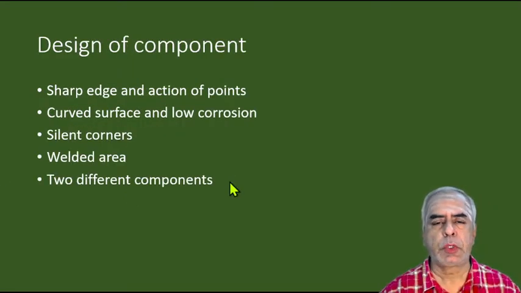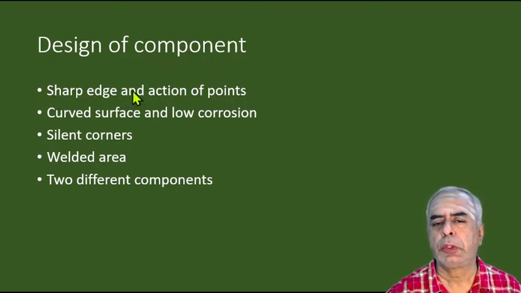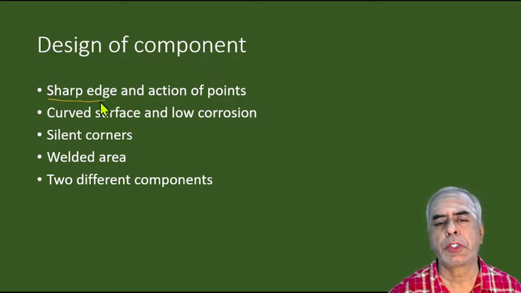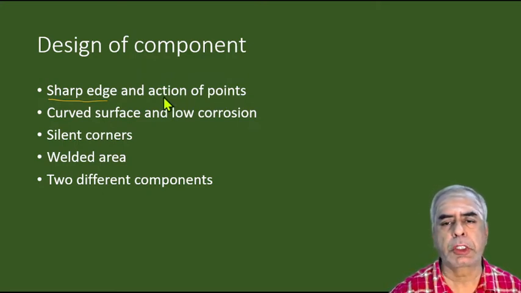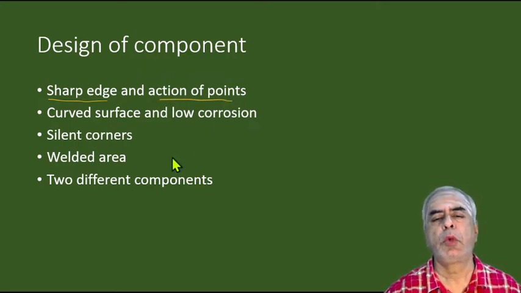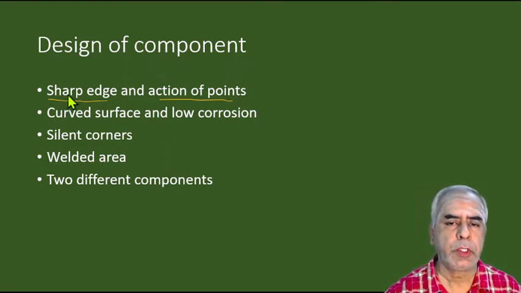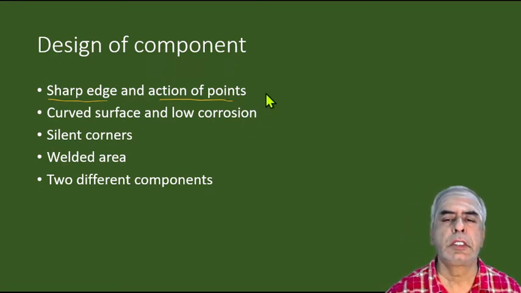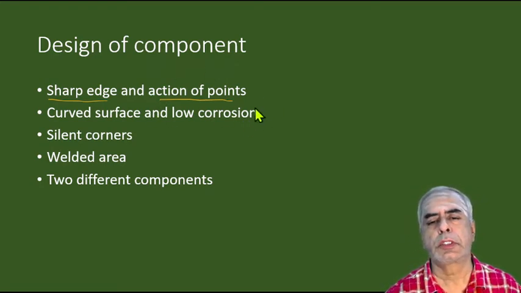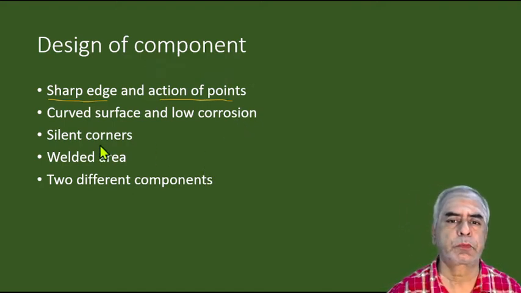Then, as far as the design part is concerned, it should not have sharp edges, because according to the physics of action of points, there will be more charge accumulated on sharp edges, so that the material will have greater tendency for rusting or oxidation or preferential electrochemical corrosion.